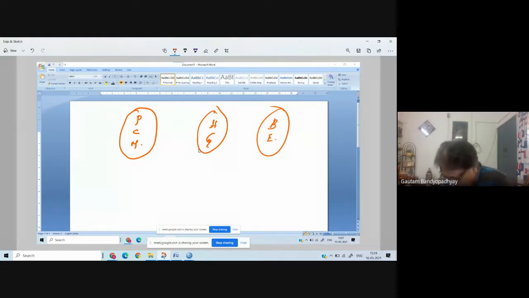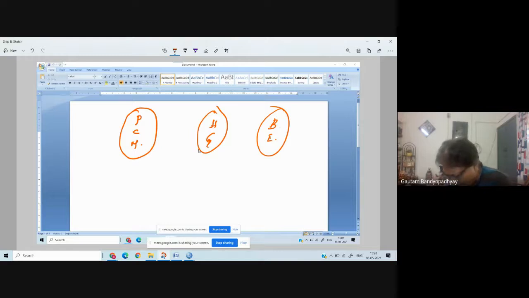And these PCM marks are highly associated with each other. So there is a trend. A student good in mathematics has a high chance of being good in physics, chemistry. So that's why they are highly associated with each other. And again, a student good in English is good in Bengali also. Similarly, a student good in history is good in geography. So this is a trend.